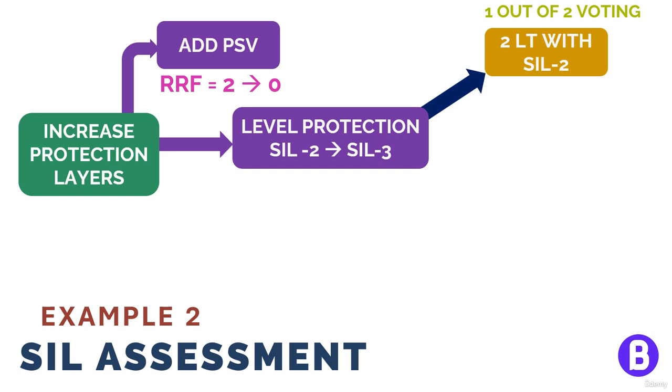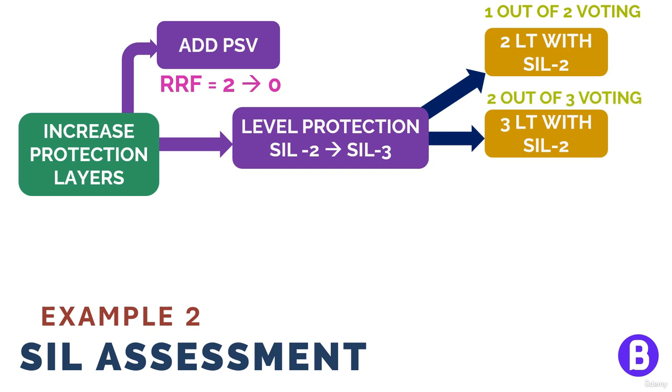So here the shutdown valve shall close if it receives low level reading from one of the 2 transmitters. This is called, as I said, 1 out of 2 voting. Sometimes we may even use 3 transmitters so that the action is triggered if it received a shutdown reading from 2 of the 3 transmitters, and this shall be called 2 out of 3 voting.